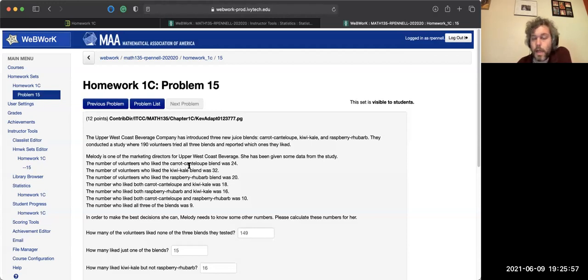So certain people like one drink over the other. Carrot, 24 people preferred it. Kiwi, 32. Raspberry, 20. And then people that like more than one, I have 8 for my carrot and kiwi, 16 for raspberry and kiwi, 10 for carrot and raspberry. And then people that liked everything were 9.